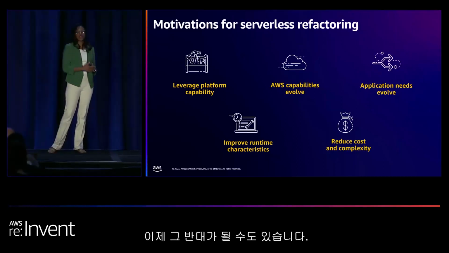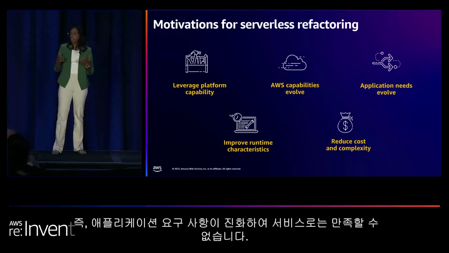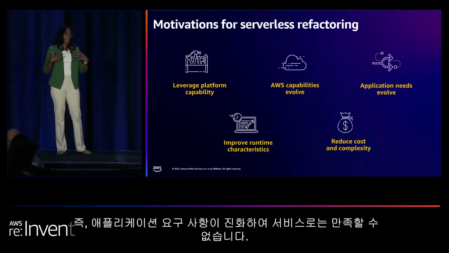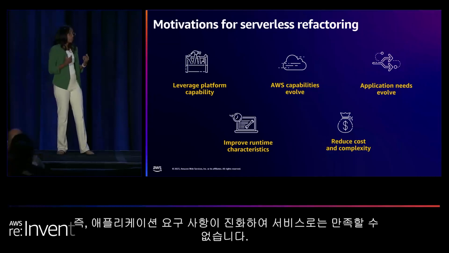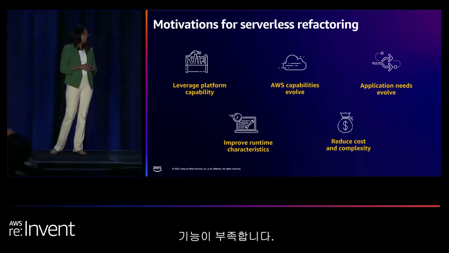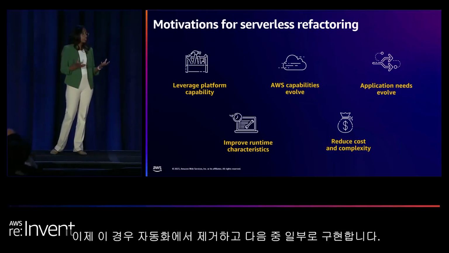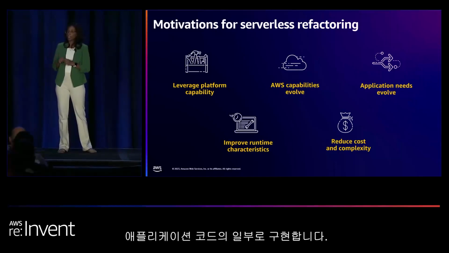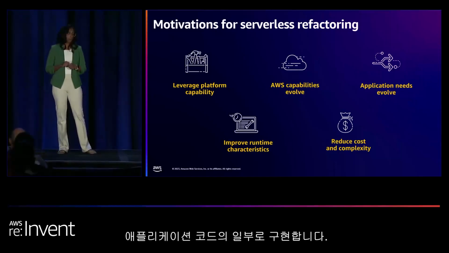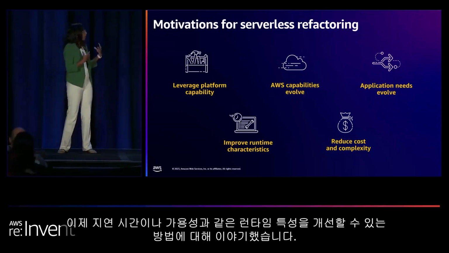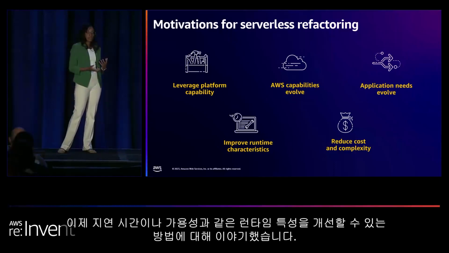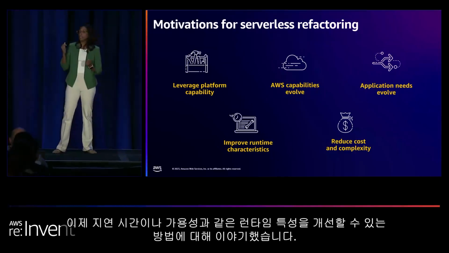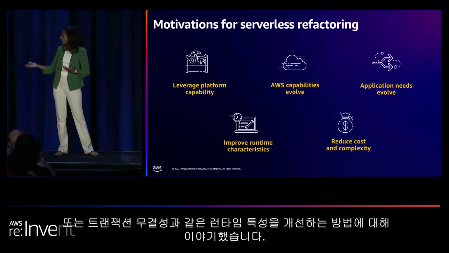Now the inverse could also be true. That is, your application needs have evolved and cannot be satisfied by the service capabilities. In which case, you will remove it from your automation and implement it as part of your application code. Now we talked about how it can improve runtime characteristics like latency or availability or transactional integrity.